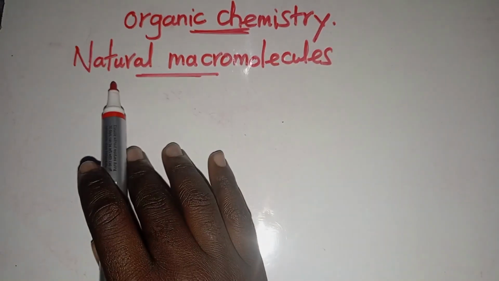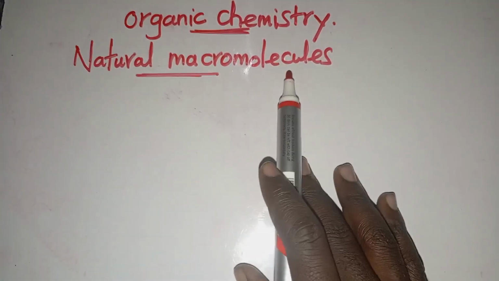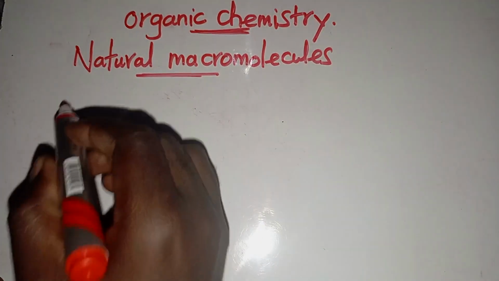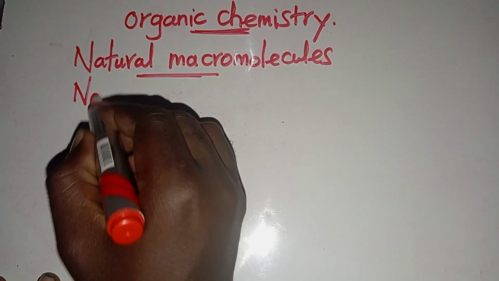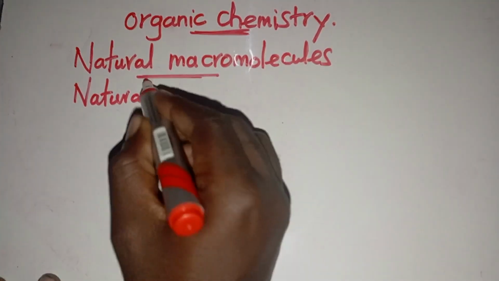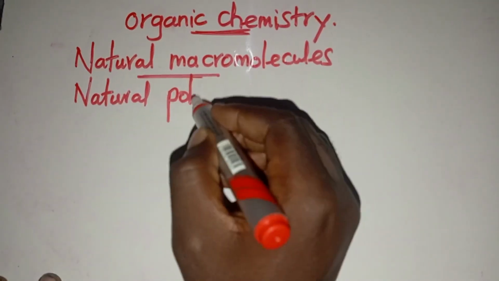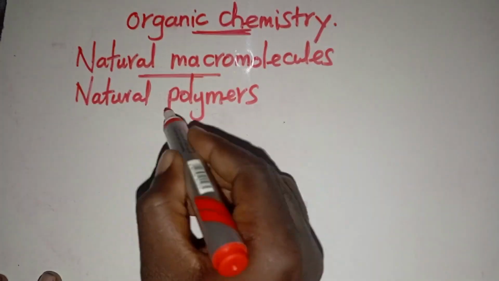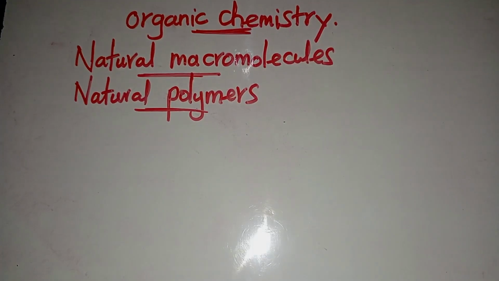So when we are looking at natural macromolecules, you are supposed to understand that these ones are known as natural polymers. What are natural polymers?